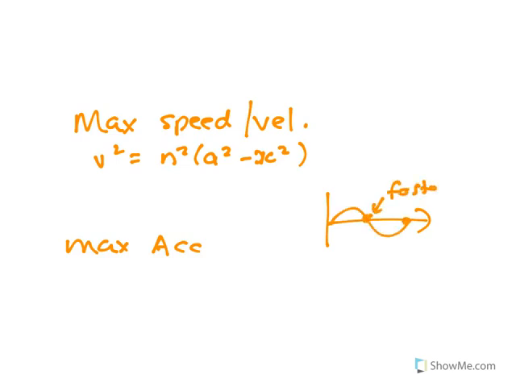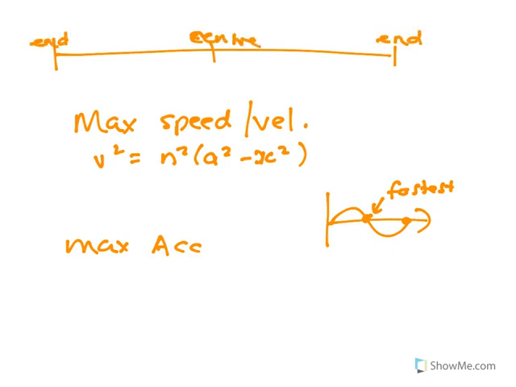That's where it's going the fastest. And if you draw up this little thing here, this is your centre. You have your endpoints. This is x equals minus a, x equals a, and this is x equals 0. You can also shift it when it's c.